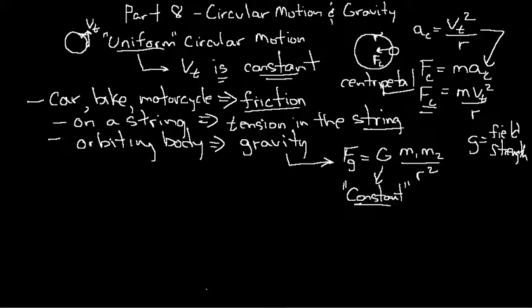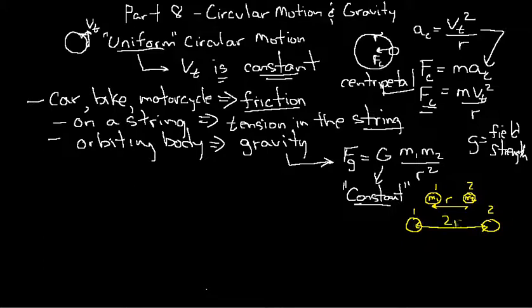So if you have two objects, and I put object 1 here, object 2 here, this is mass 1, and this is mass 2. From center to center, let's say that's r, that's our distance. Now what happens to the force of gravity if you double the distance between these two objects?